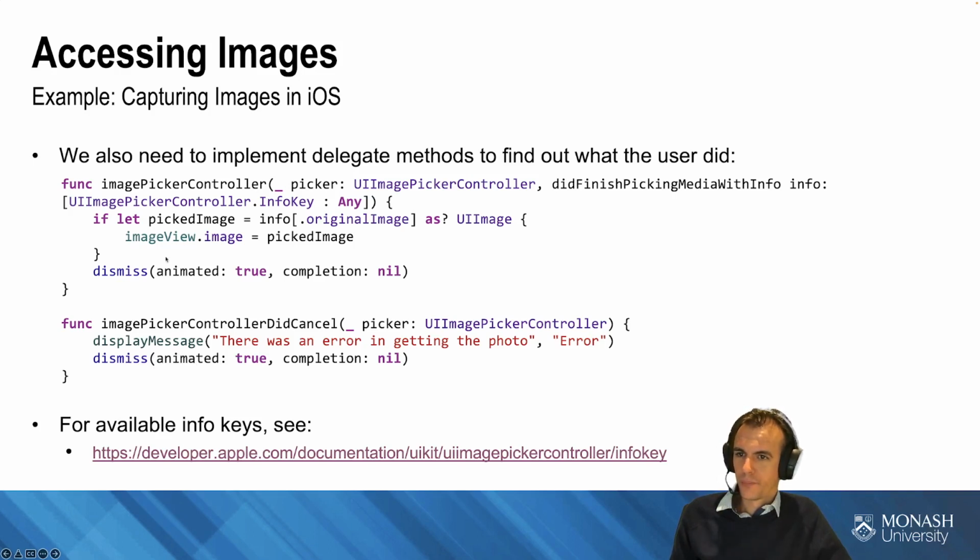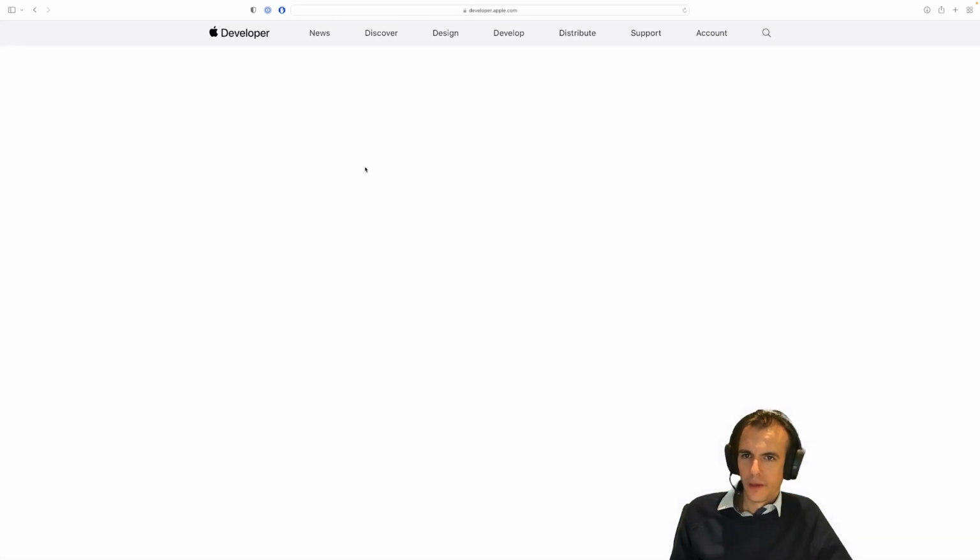So what do we do if we were given an image? Well, we can get that image via the original image key of the dictionary. So info is the info we're given. And if we want to know what this is, we can go and have a look at these keys here.